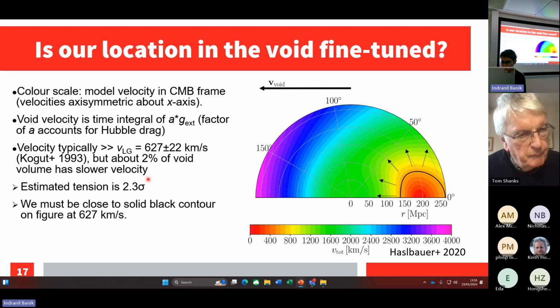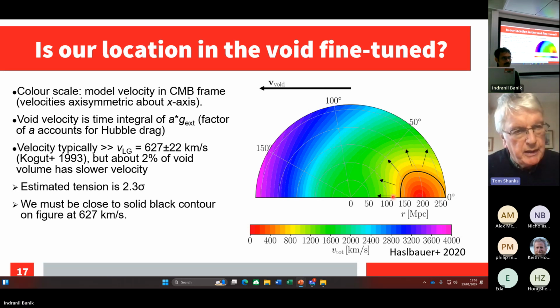But we argue that a reasonably significant fraction of the void has a peculiar velocity of that or lower. Therefore, although we do need to be in a certain location in the void, if you try to quantify how likely that is, it's not that unreasonable that we'd be sitting in this corner of the void. But that's not quite the point I'm making.